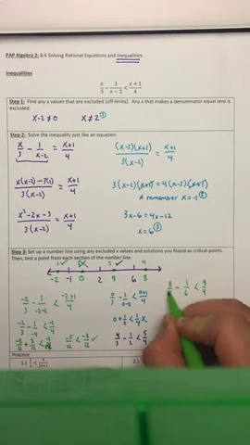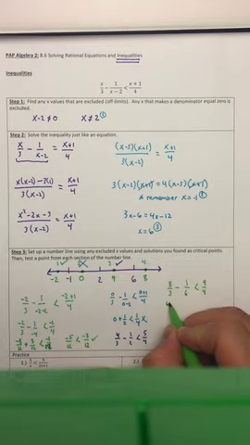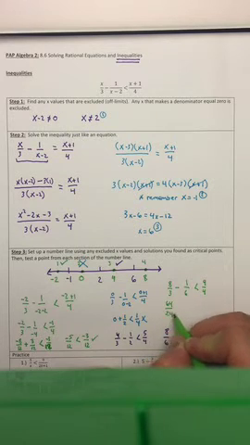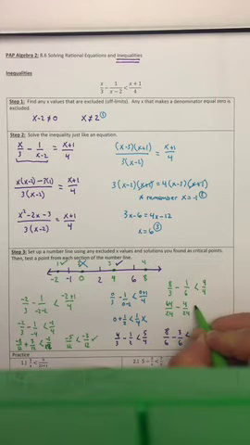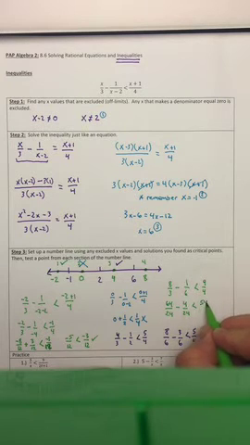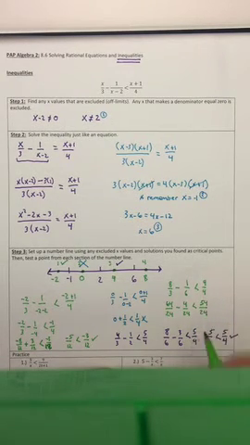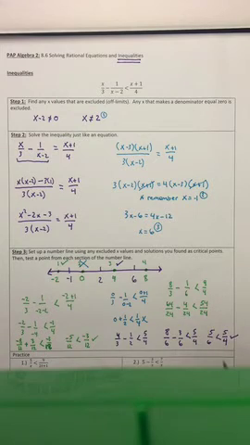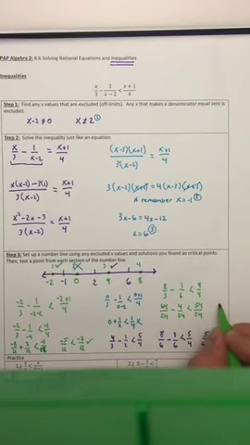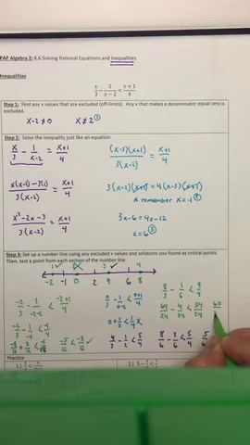So I'm going to multiply this one by 8 over 8, so that's 64 over 24 minus 4 over 24 is less than, so this would be times 6, so that would be 54 over 24. So 64 minus 4 is 60 over 24 is less than 54 over 24.